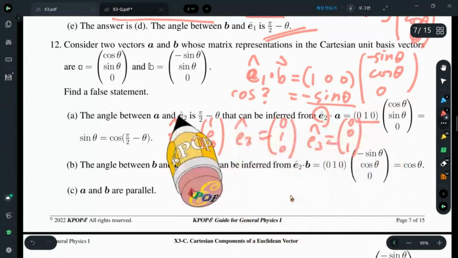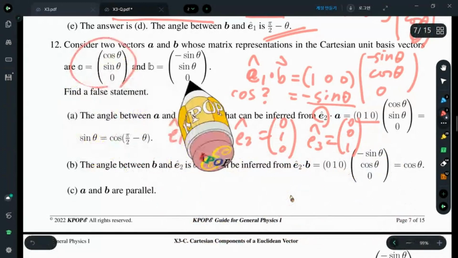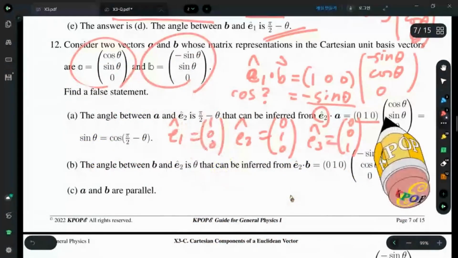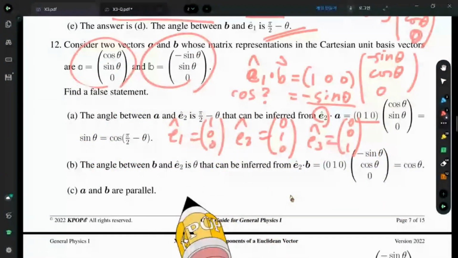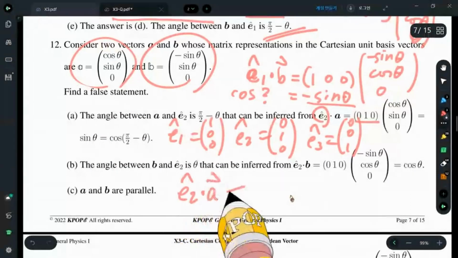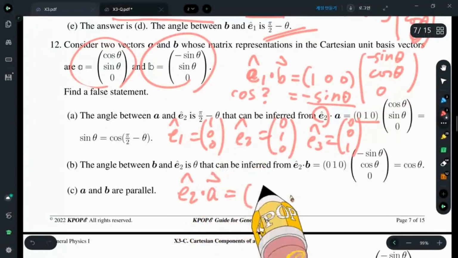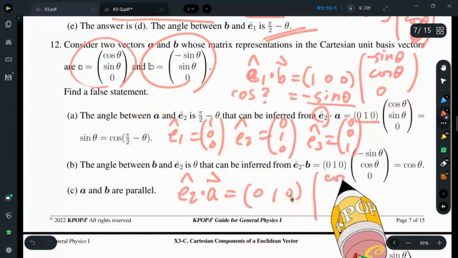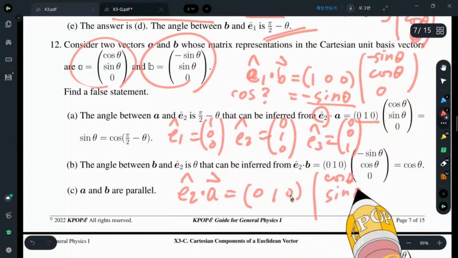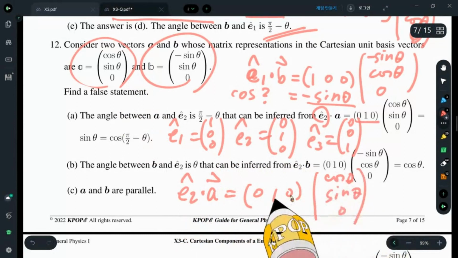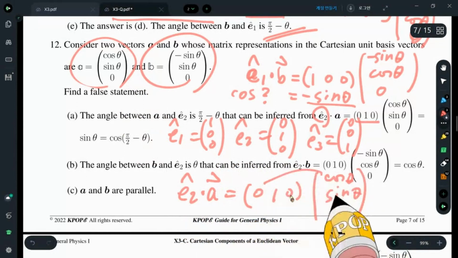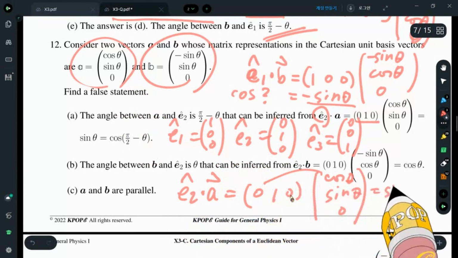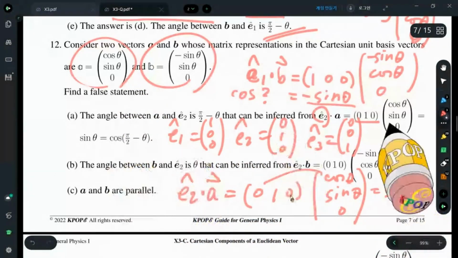So using this matrix representation, you can compute E2 hat dot A: E2 transpose, 0, 1, 0, times A, cosine, sine, 0. Multiply. This one is 0, this one is sine. In this manner, you can compute.